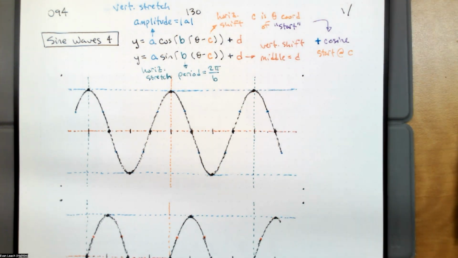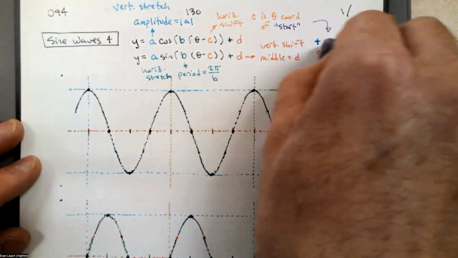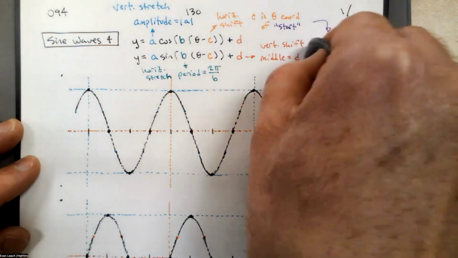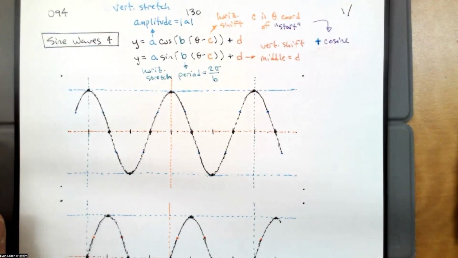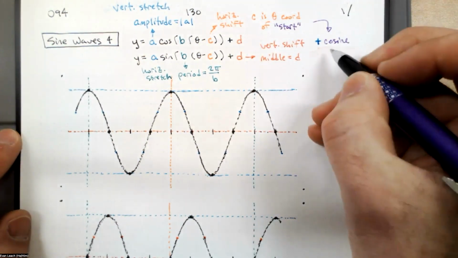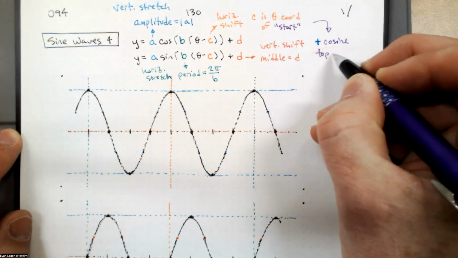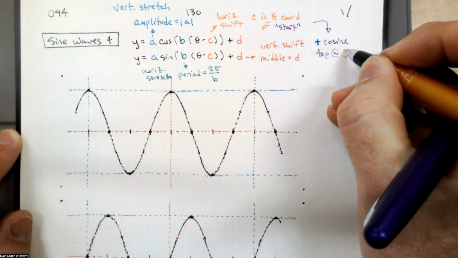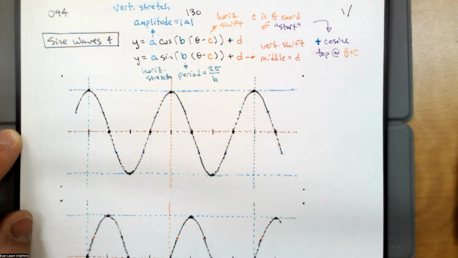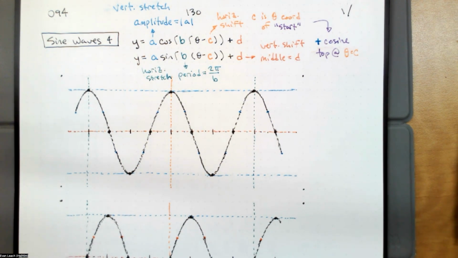There's different kinds of starts. There's top, middle, and bottom. So I want to say the positive cosine is at the top when theta equals C. The positive is referring to the sign of A. We drop the sign to figure out what the amplitude is, but we still use whether it's positive or negative.